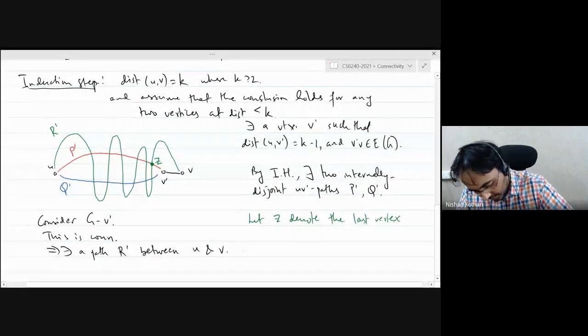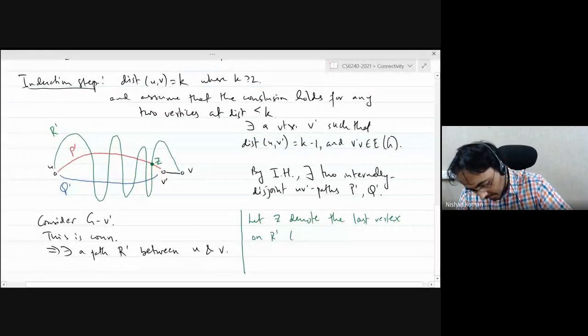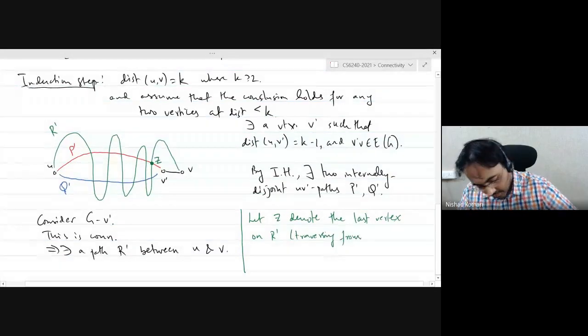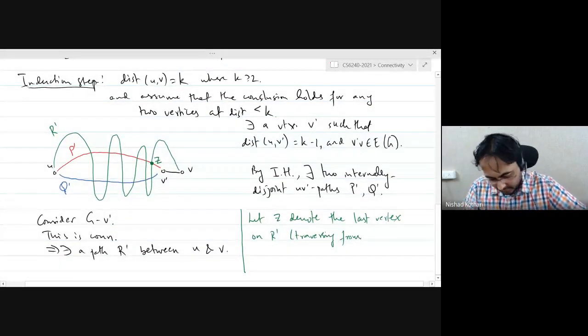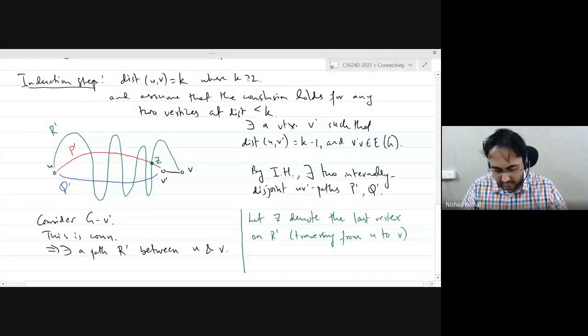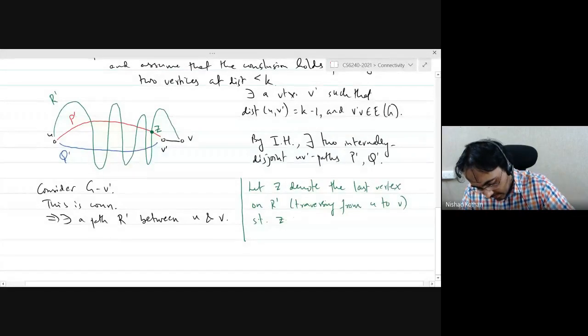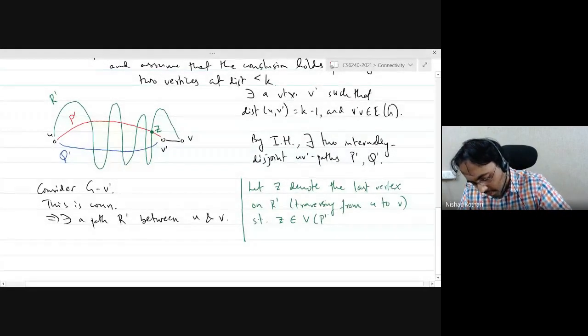This is the last vertex on R prime, traversing from, let's say, U to V, right? So it's closest to V. That is what I mean by last vertex, such that Z is also a vertex of P prime or a vertex of Q prime.